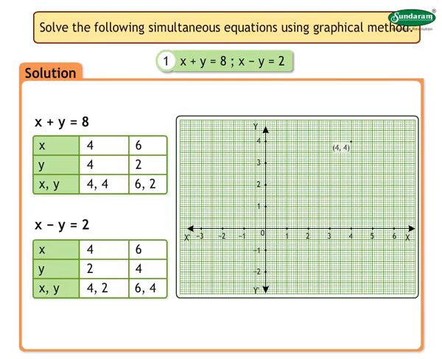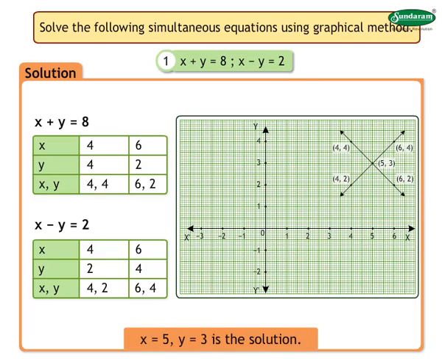Now, plot the points (4, 4) and (6, 2) and join them to get the graph of the line x plus y is equal to 8. Similarly, plot the points (4, 2) and (6, 4). Join them to get the graph of the line x minus y is equal to 2.